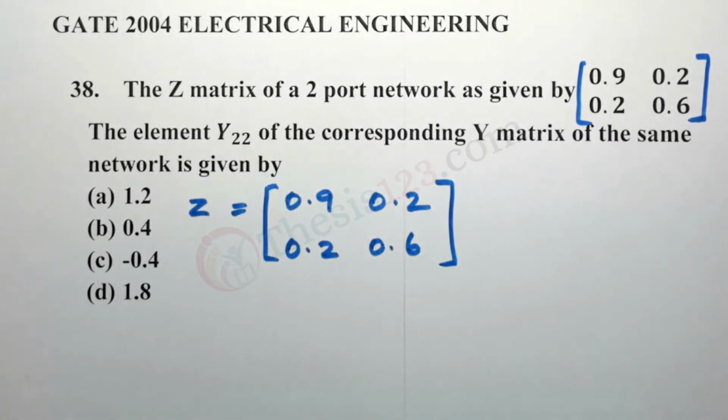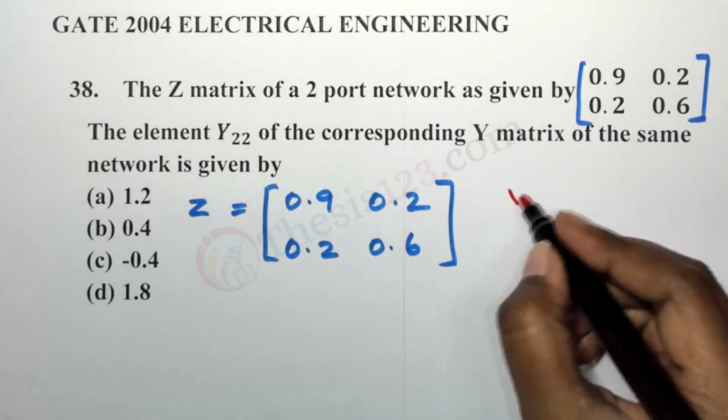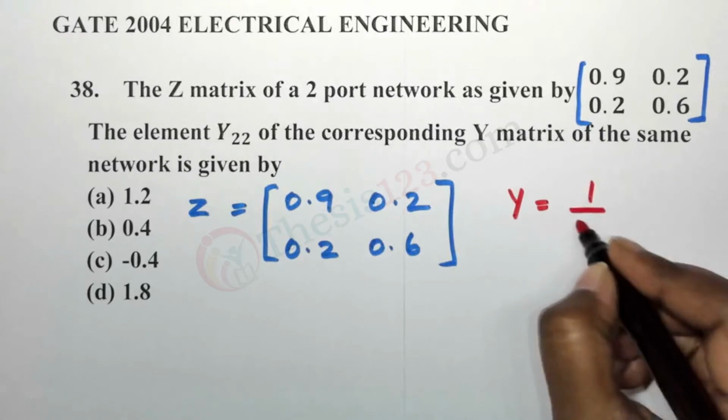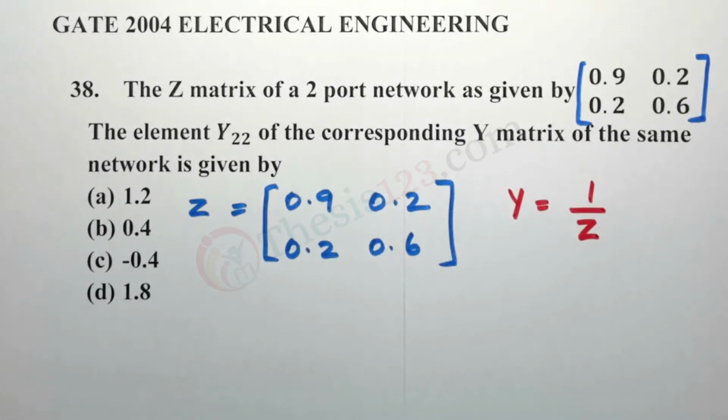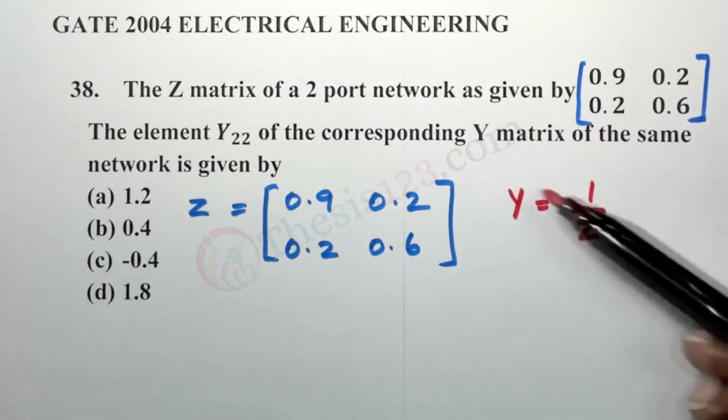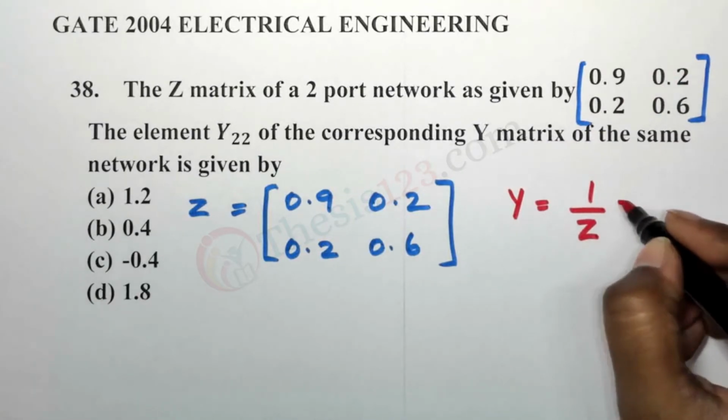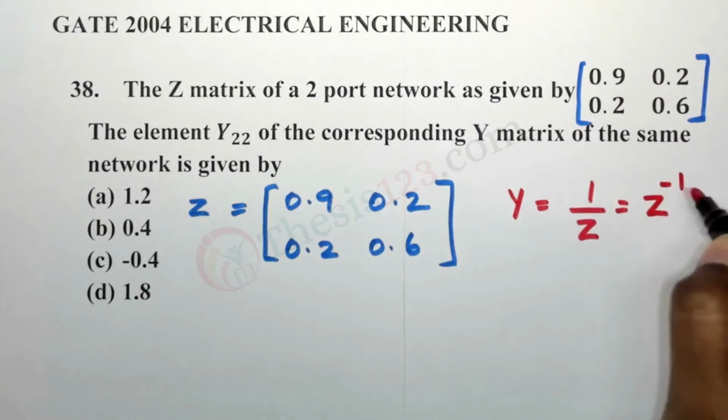Now you are quite familiar with the relation between the admittance and the impedance of any element, isn't it? We know that the admittance Y is equal to 1 by Z. Now because we are dealing with matrices over here, 1 by Z can be written as what? Z inverse.